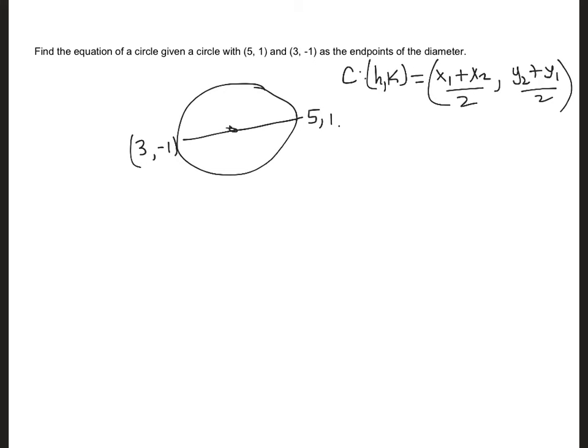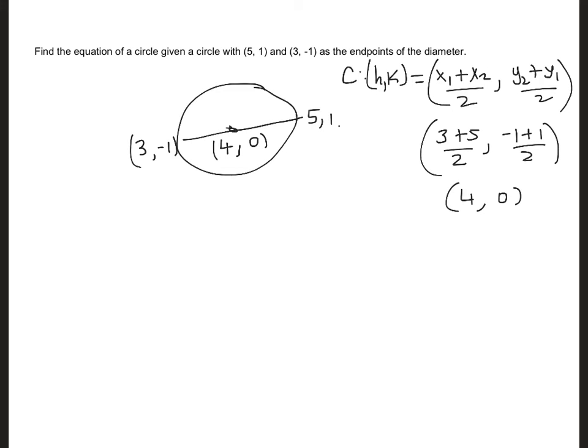So this is going to be 3 plus 5 over 2, and the other one is negative 1 plus 1 over 2. I'm just adding the coordinates and dividing them by 2. So this will be 4, and this is going to be 0. So that is the center, 4, 0.